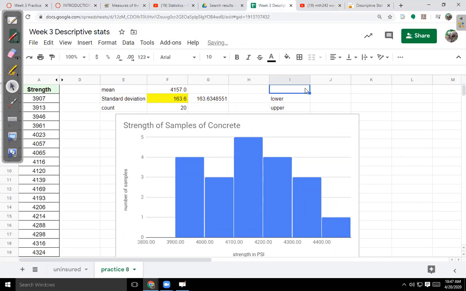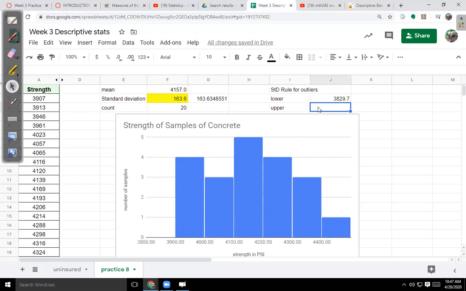So what I'm doing is I'm using the SD rule for outliers. And it says, take your mean and subtract 2 times the standard deviation to get the lower value of usual.